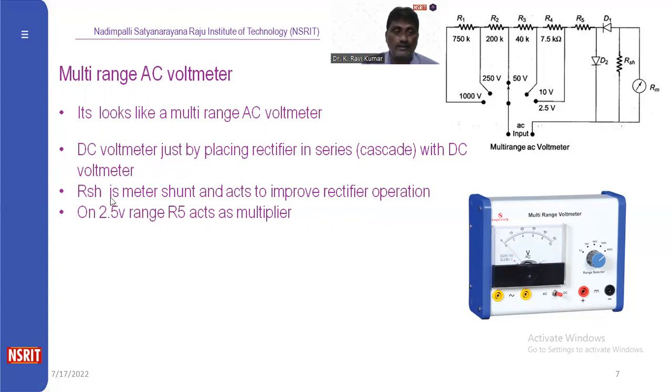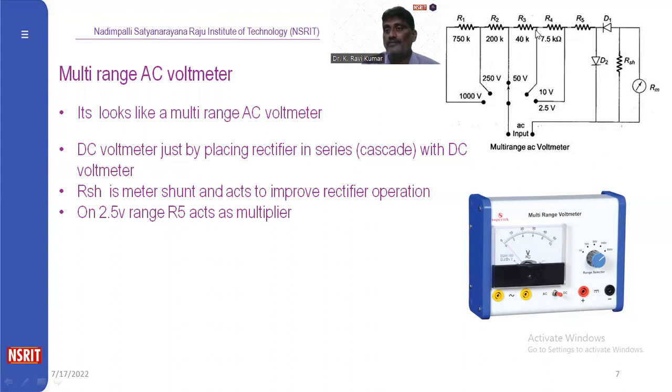Right. Here I have written that RSH is the meter shunt and acts to improve the rectifier operation on the 2.5 volt range. R5 acts as a multiplier: this current into this resistance will give the range of 2.5 volts.